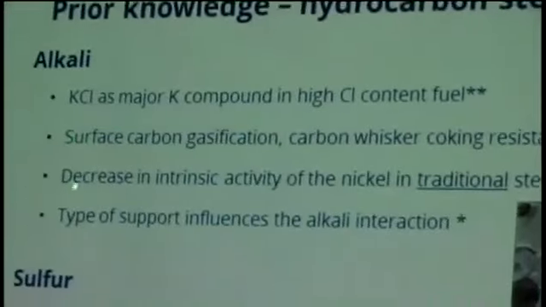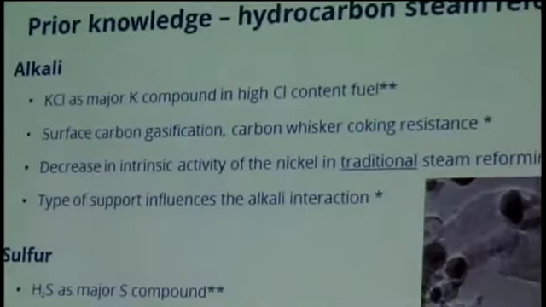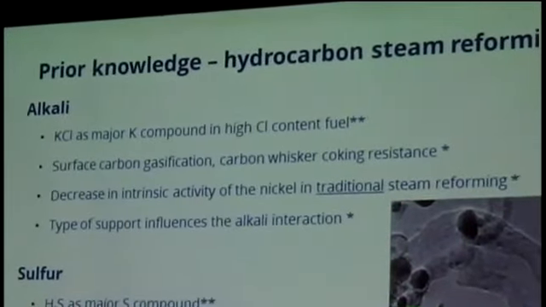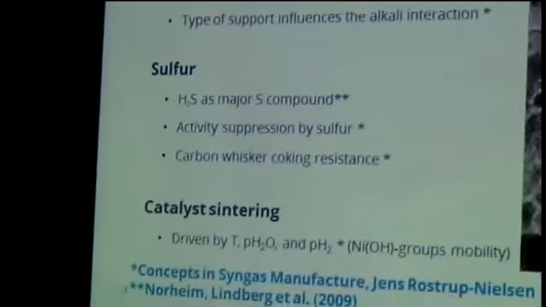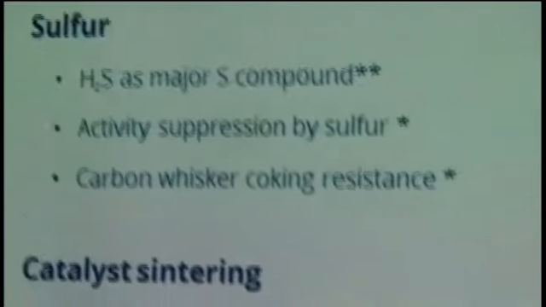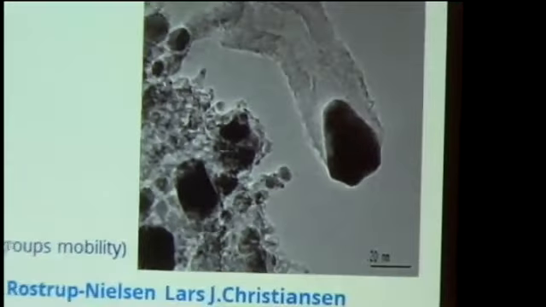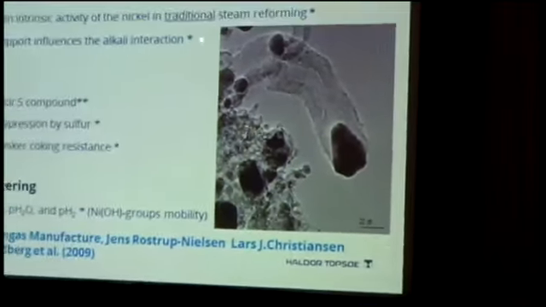There's a lot of things that have been studied prior in the literature. The main similarities between alkali and sulfur is that you do have a tendency of lowering the intrinsic activity of the catalyst due to the alkali, depending on how you introduce it and in which amounts. But importantly, alkali increases surface carbon gasification, giving carbon coking resistance.